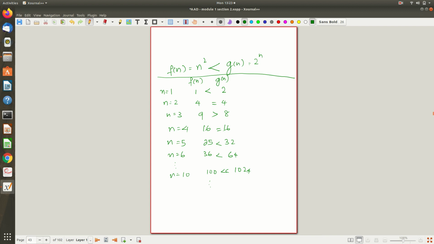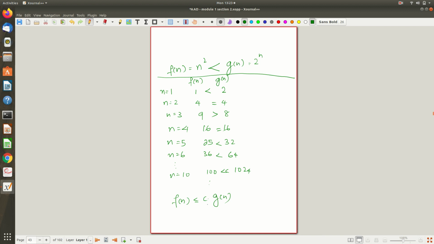So what I'm trying to say is, I know that this g of n is greater than or equal to f of n. Let me write it the way I wrote it: f of n is less than or equal to some constant c times g of n. Here the value itself is saying c is equal to 1, since I directly compared without considering c.